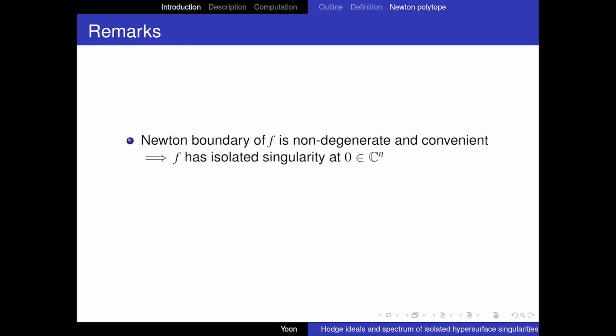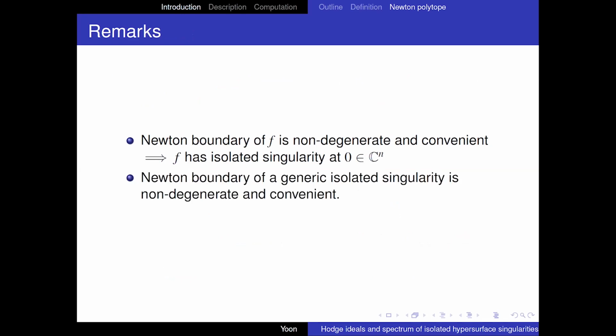So here's a remark. If the Newton polytope of f is non-degenerate and convenient, then f has an isolated singularity at origin. However, we cannot say the other way around. So we cannot say the converse. Even though we have an isolated singularity at origin, we do not know if that is non-degenerate or convenient.